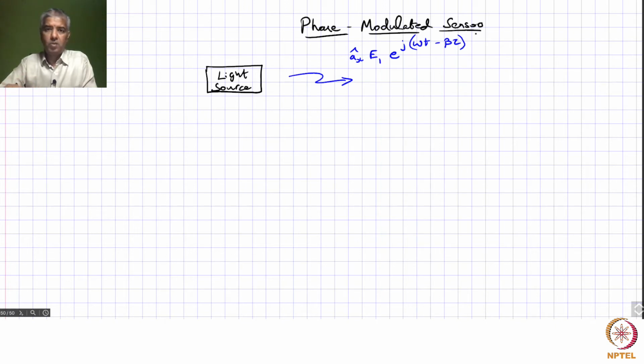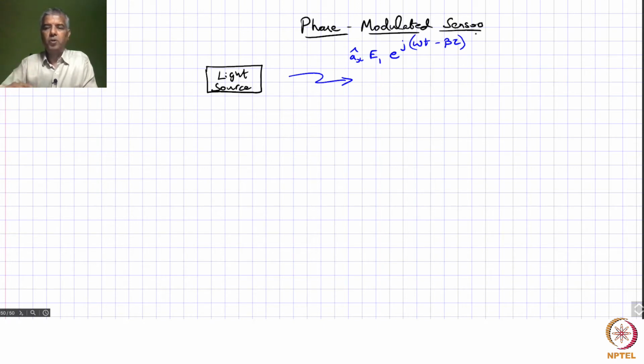That does not typically convey much information. It will probably convey some information when we look at frequency modulated sensors, which is the other class of sensors that we will look at at a later point.